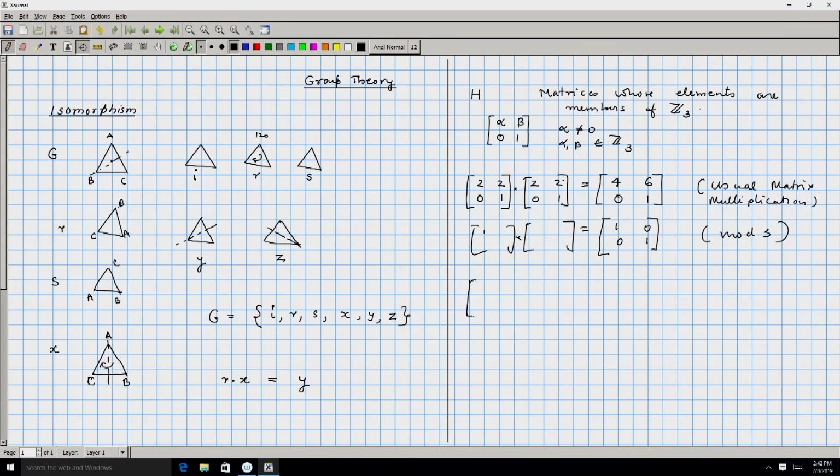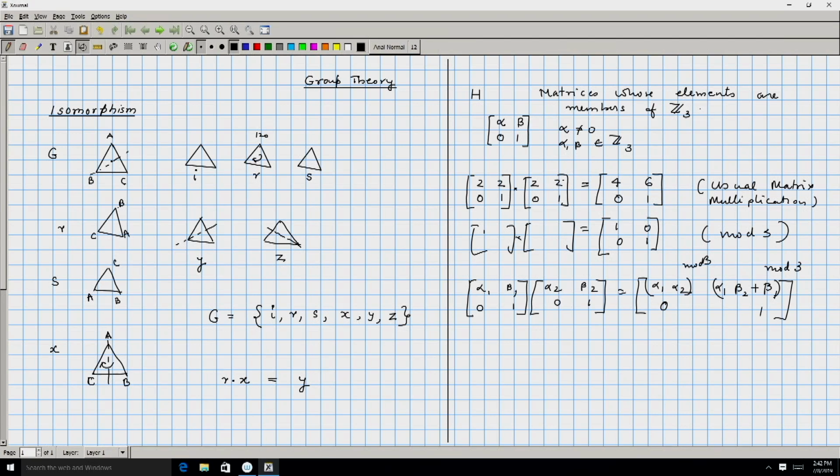So, in particular, if you are doing alpha 1, beta 1, 0, 1 times alpha 2, beta 2, 0, 1, what we will get is, and these mod 3 is our final answer.